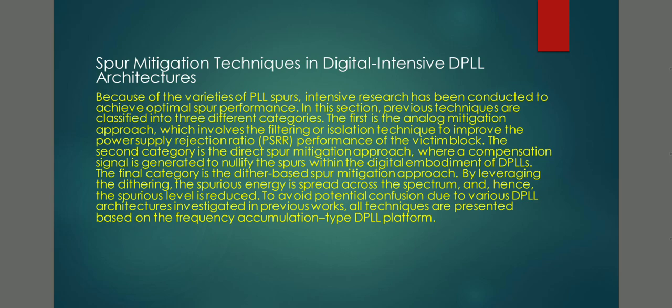The second category is the direct spur mitigation approach, where a compensation signal is generated to nullify the spurs within the digital embodiment of DPLLs. The final category is the dither-based spur mitigation approach, leveraging dithering so that spurious energy is spread across the spectrum and hence the spurious level is reduced.